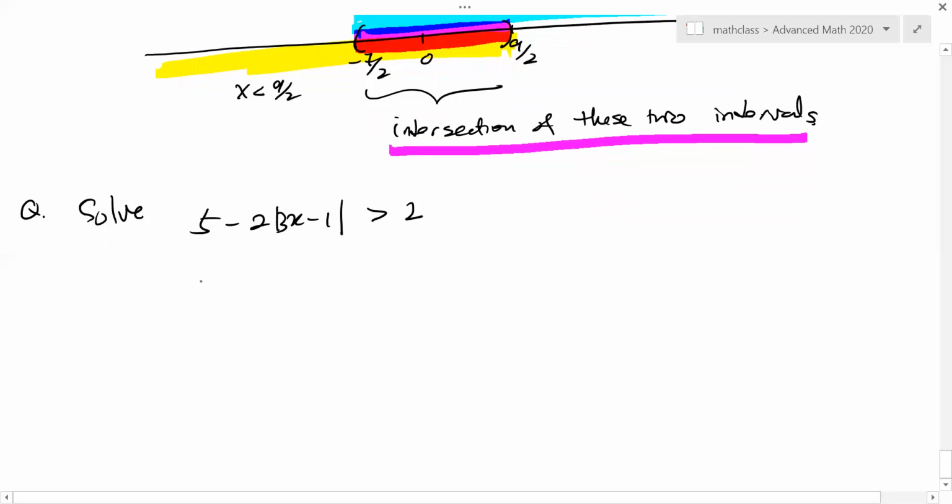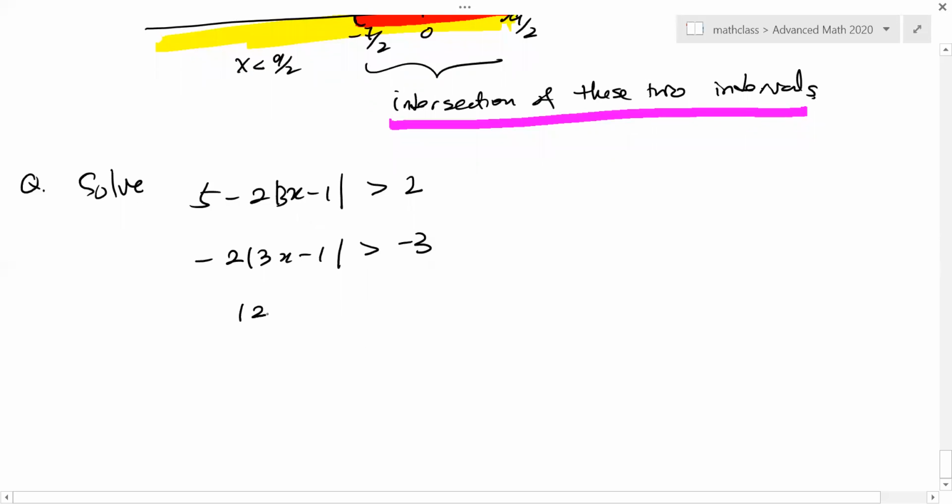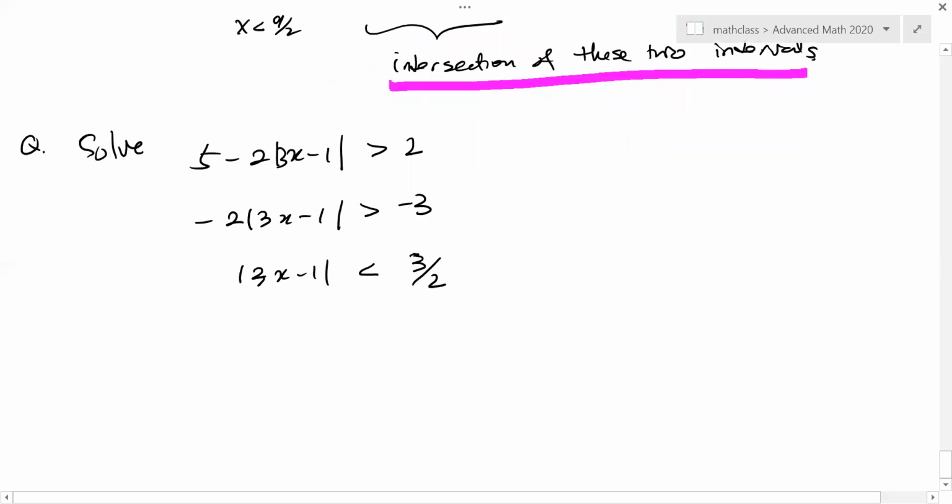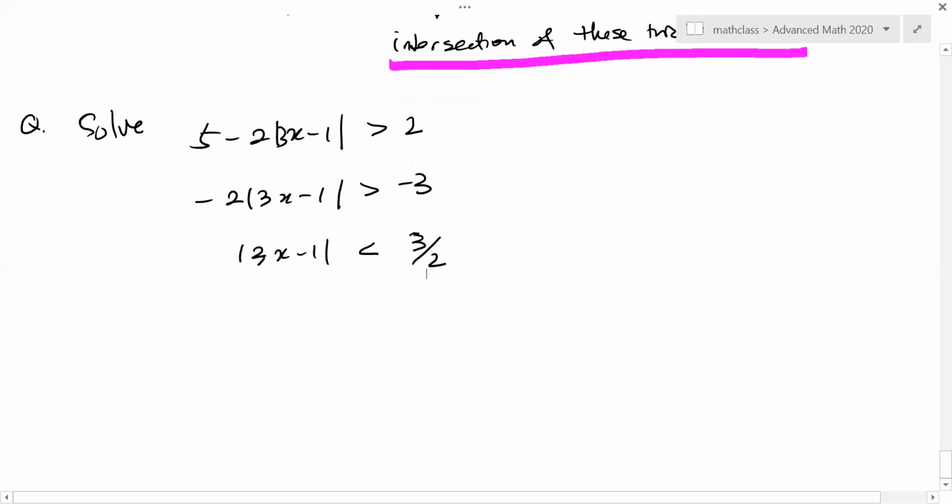So first of all, you move 5 to the right-hand side, get negative 3, right? 2 minus 5, negative 3. Then you divide by negative 2. So you have to change the direction of the inequality. So negative 3 divided by negative 2 will be 3/2. Then you get rid of the absolute value symbol.